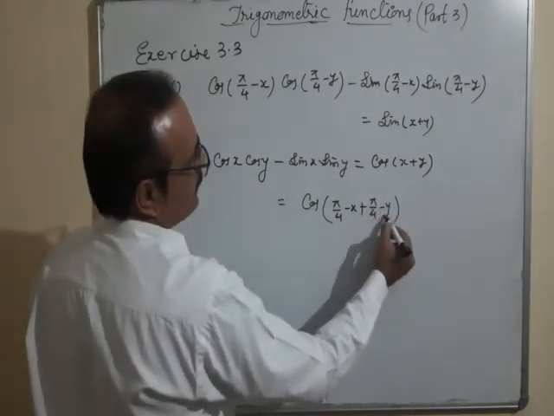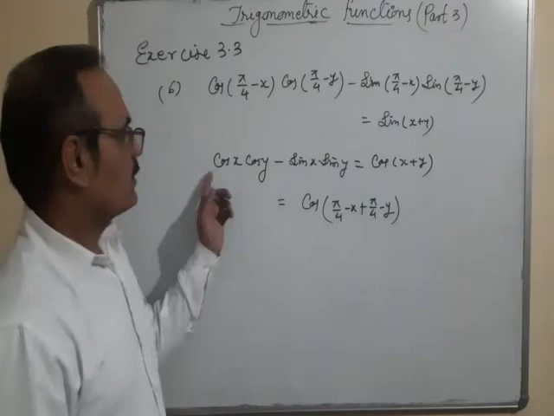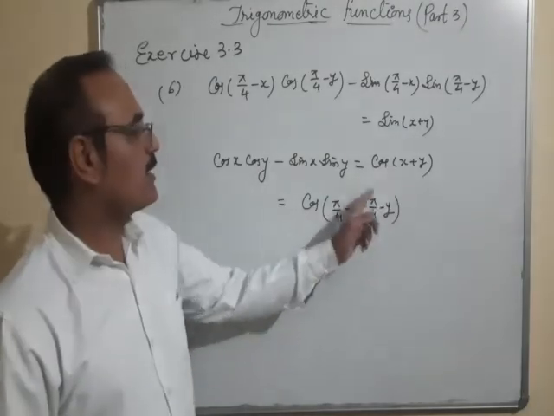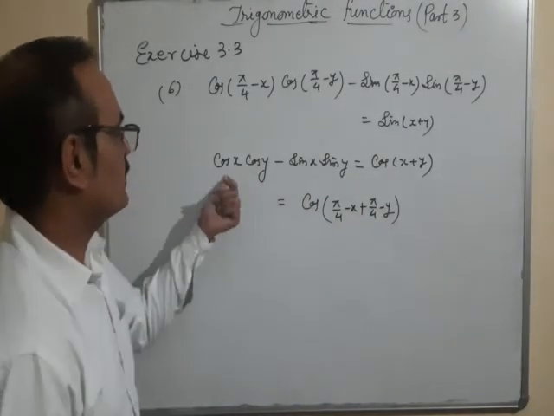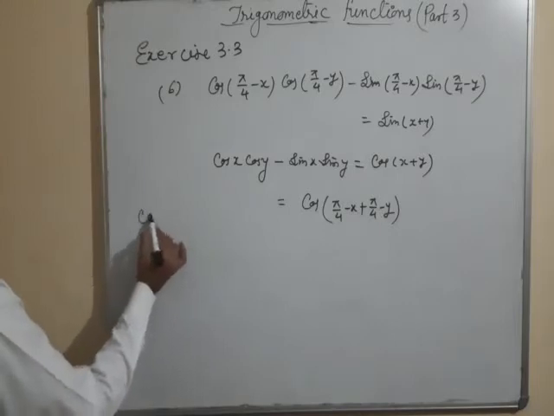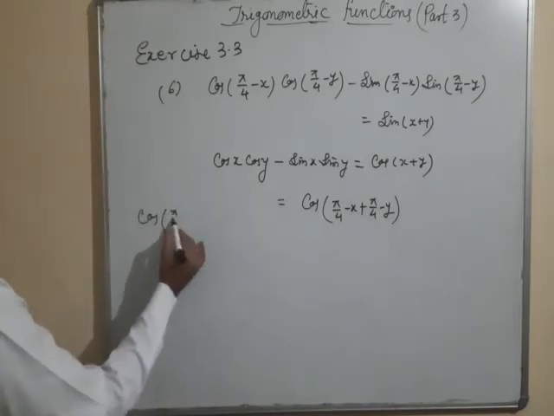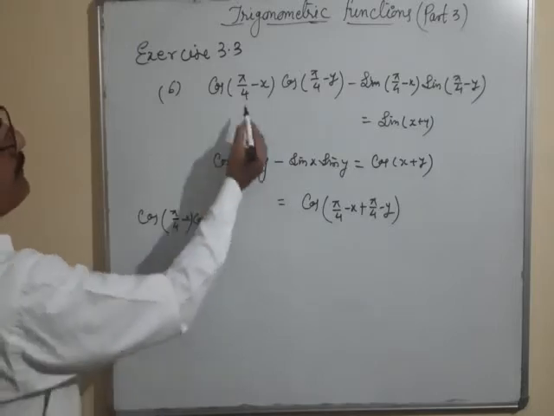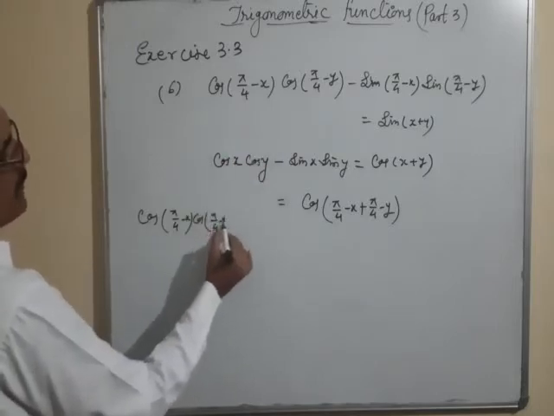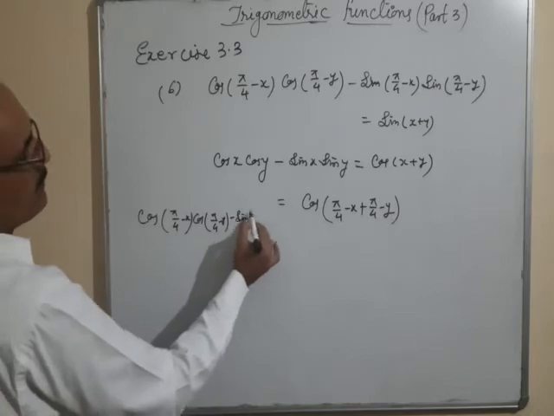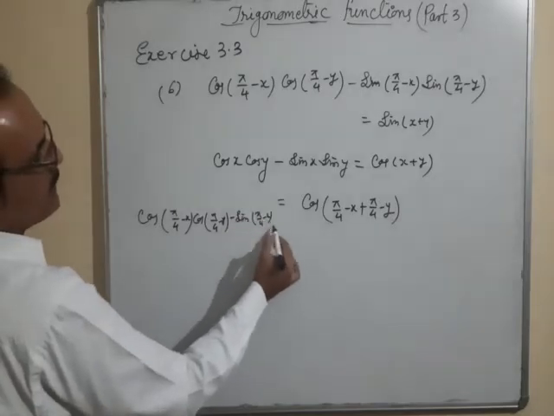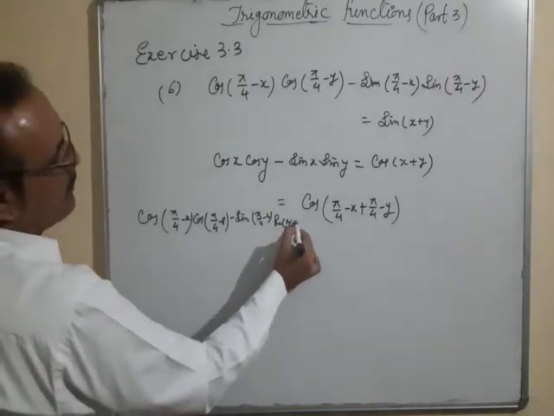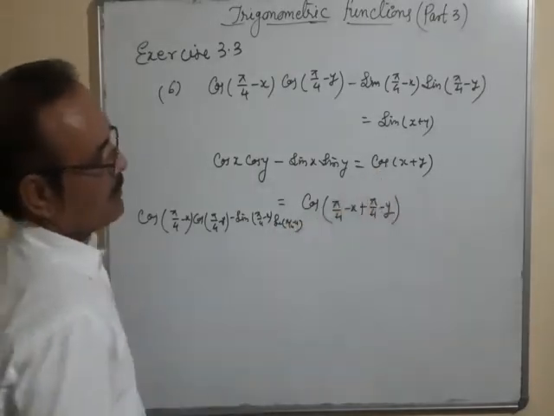I hope you have understood. On the right hand side I have substituted the values. On the left hand side, cos of pi by 4 minus x into cos of pi by 4 minus y, minus sin of pi by 4 minus x and sin of pi by 4 minus y, is equal to cos(x plus y).